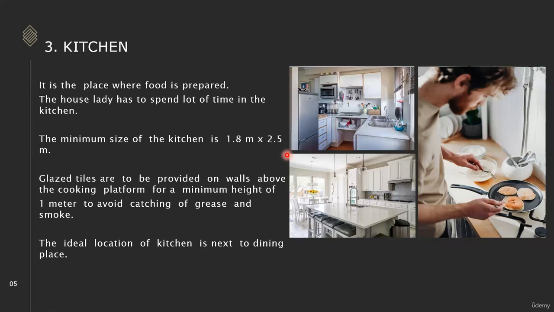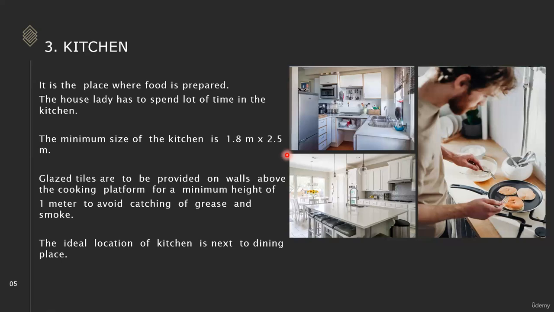So above the top of the platform we need to provide 1 meter height glazed tiles, so that the wall does not get dirty, and it will be easy to clean and easy to maintain also. For that purpose we are providing the tiles.